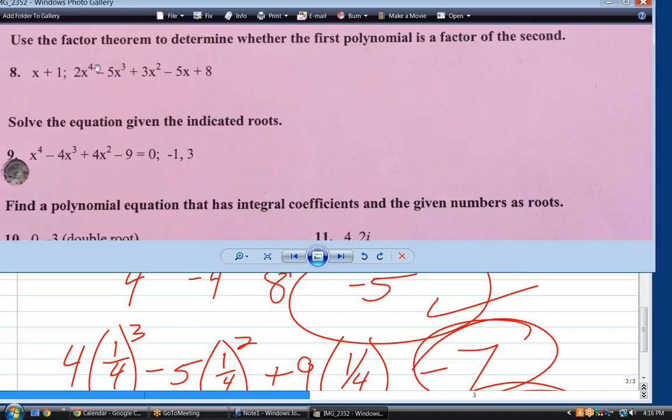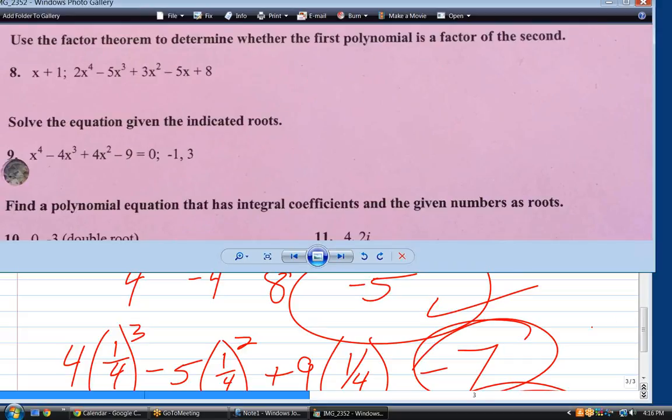So we're trying to figure out whether, using the factor theorem, the first polynomial is a factor of the second. Well, what do they really want us to do here? Use synthetic division, or synthetic substitution.